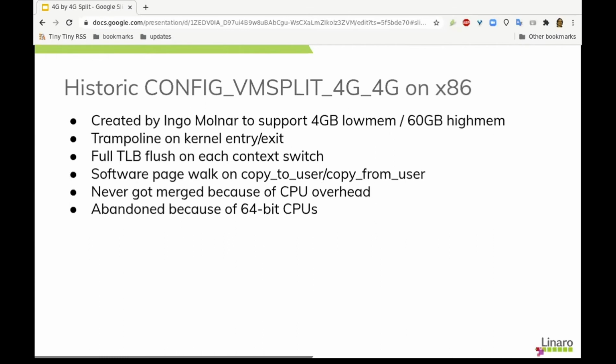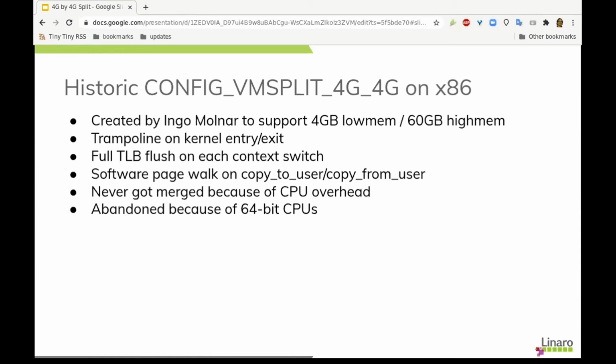So back to the implementation. There was actually a VM split 4 gig option for x86 some 18 years ago, when there were still large NUMA systems with something like 16 discrete CPUs on x86-32. And they could address tons of Highmem.